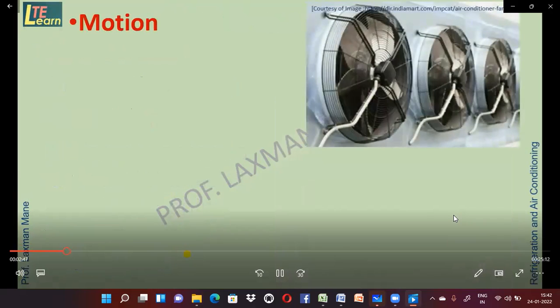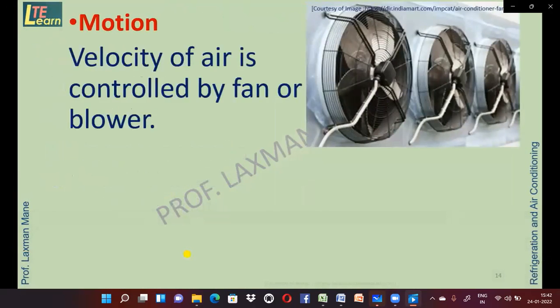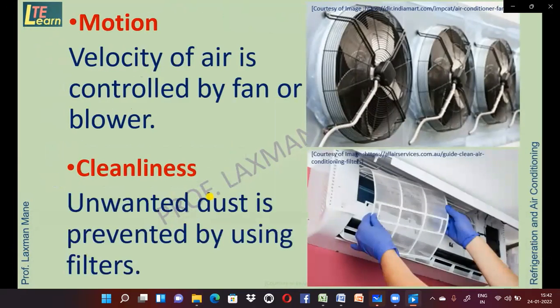Motion of the air, meaning velocity, is controlled by use of a fan or blower in the air handling unit. Cleanliness means purity of air; here unwanted dust is prevented by using filters.